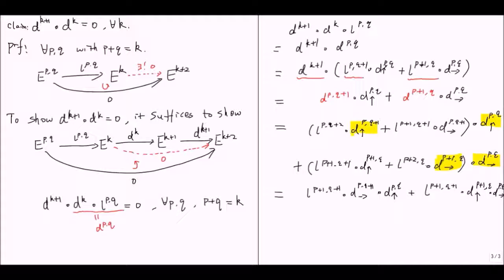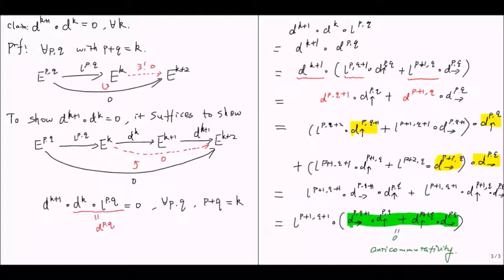But if you look at this equation carefully, you will get iota_{p+1,q+1} composed with something we have already seen before. So notice that this sum in the parentheses is actually 0 because of the anti-commutativity. So the equation is just 0. And we are done.